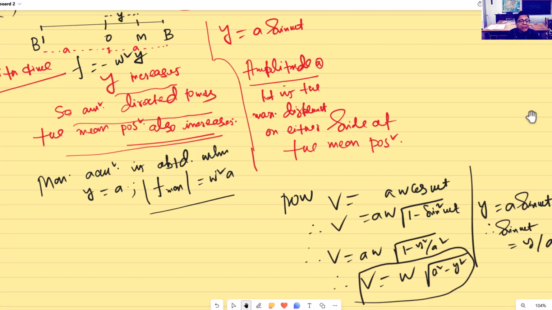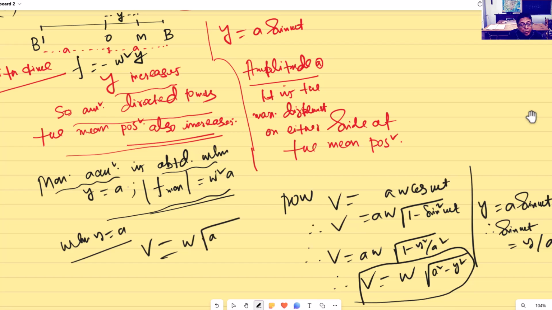You have stated that maximum acceleration is obtained when y equal to a, and F max is omega square into a. But when y equal to a, what happens to velocity? Put y equal to a over there: omega root over a square minus a square. This is equal to 0.